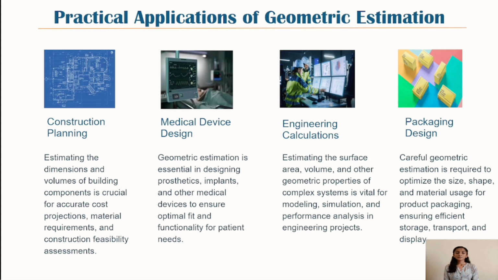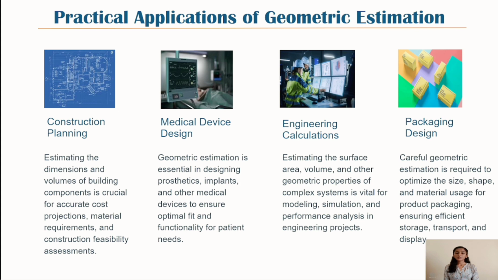Practical applications of geometric estimation. Construction planning. Estimating the dimensions and volumes of building components is crucial for accurate cost projections, material requirements, and construction feasibility assessments. Medical device design. Geometric estimation is essential in designing prosthetics, implants, and other medical devices to ensure optimal fit and functionality for patient needs.